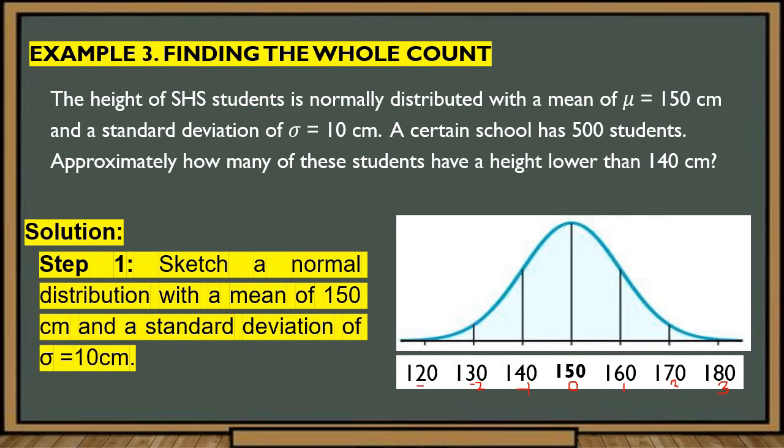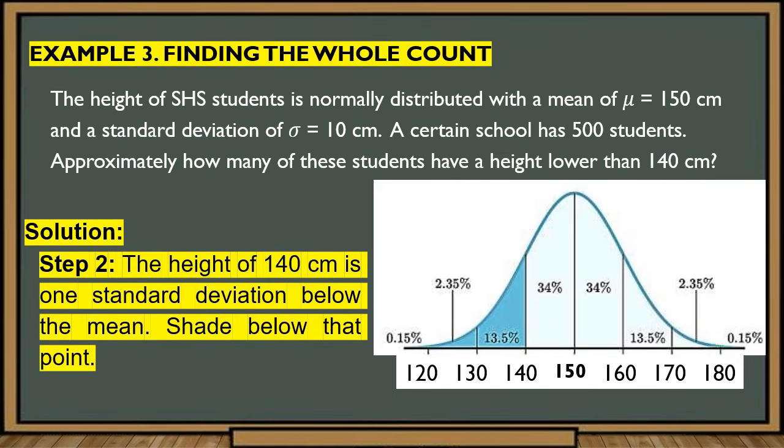So, negative just indicates the direction, if it is to the right or to the left. If it is negative, then it is found to the left of the mean. So, makikita natin na andito yung ating score na yung height na 140 centimeters, and it is 1 standard deviation away from the mean, which is negative 1.